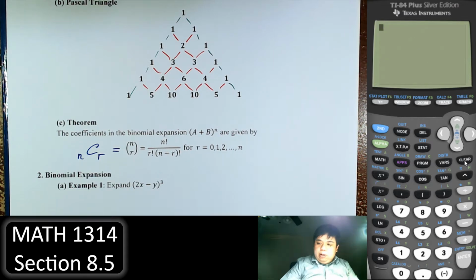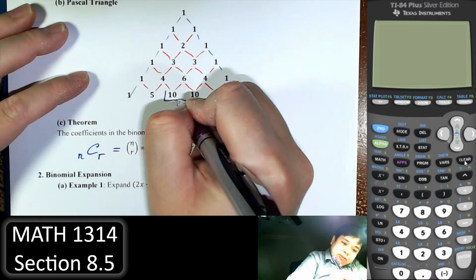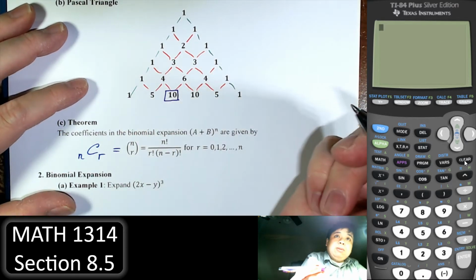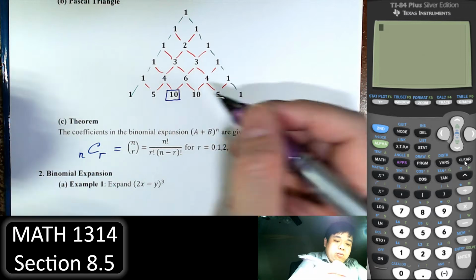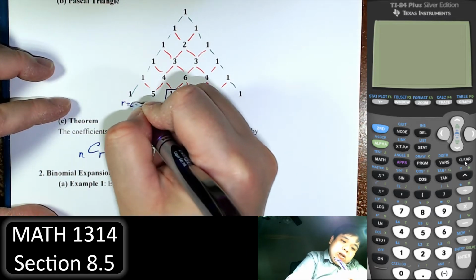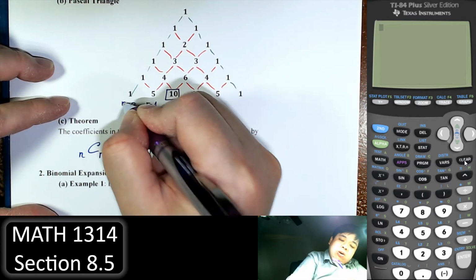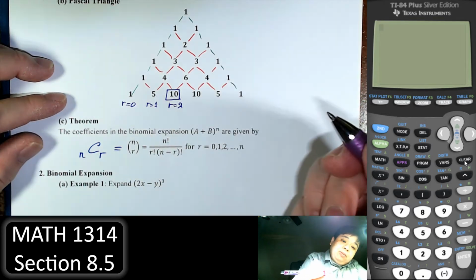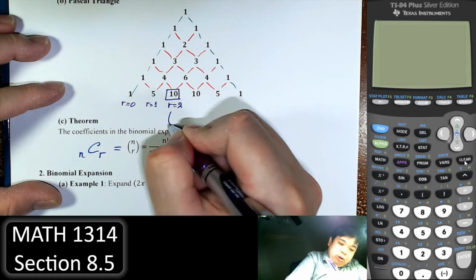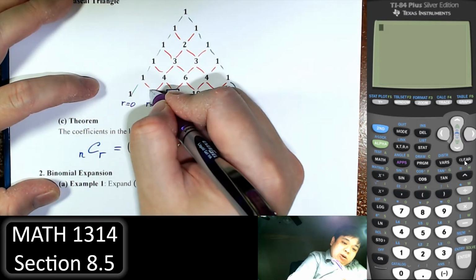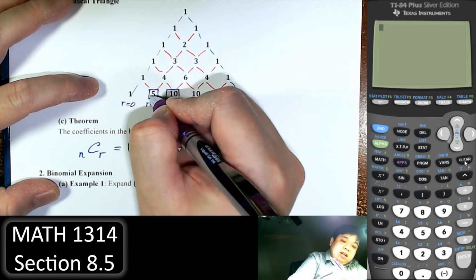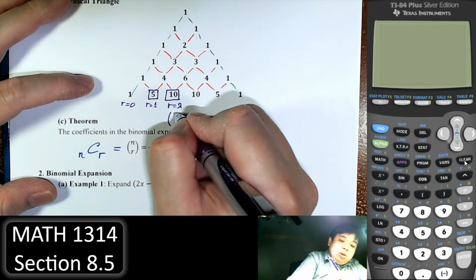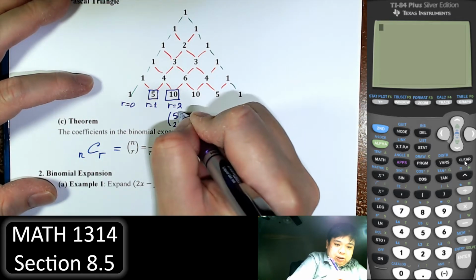For example, if you look at this term, if we start from r equal to 0, r equal to 1, always start from 0, 0, 1, r equal to 2. So now we have 2. And we will start on this line. We see the 5, right? The first number that is not 1. So we're going to have 5 and 2.